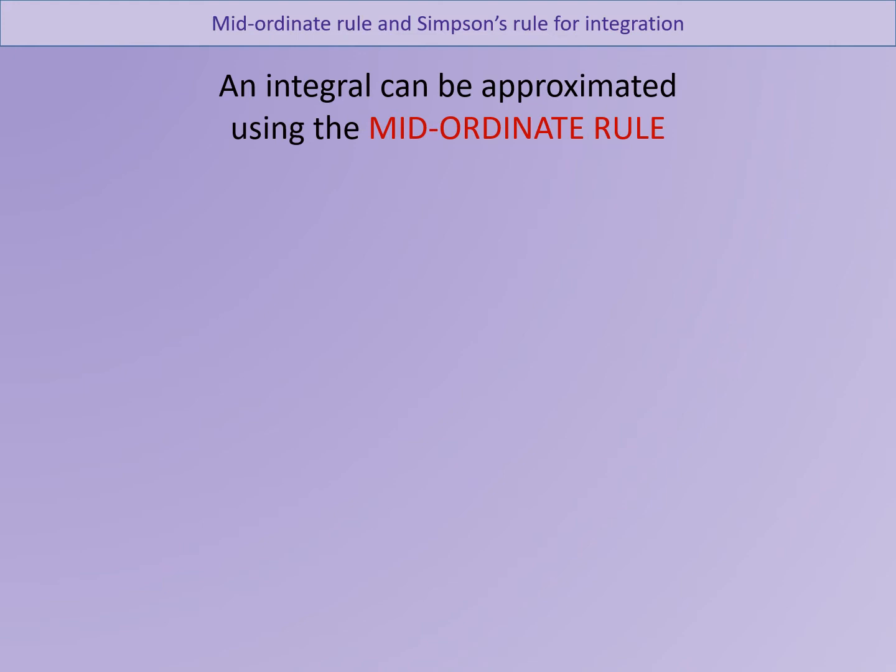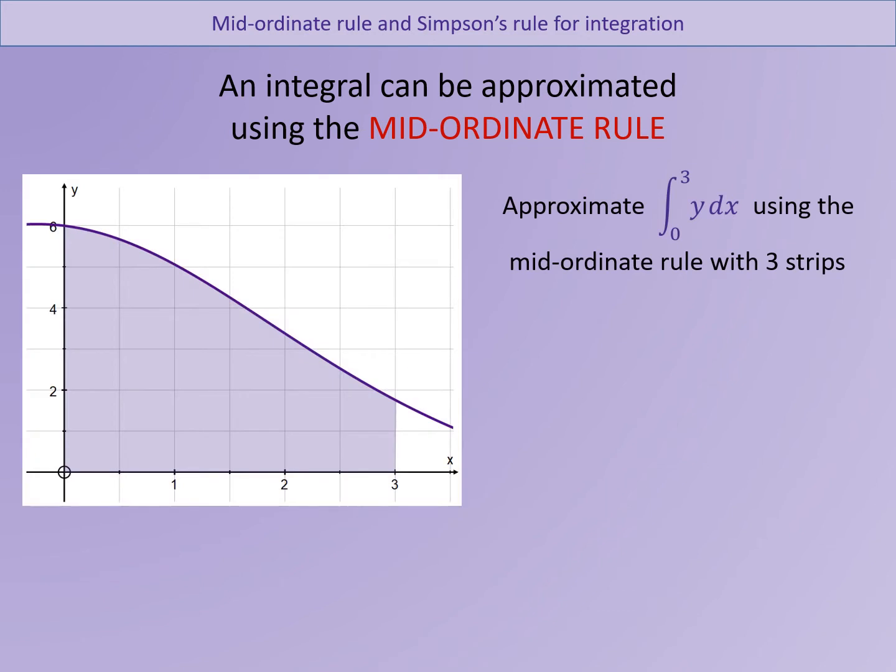Okay, the first one we're going to look at is what's called the mid-ordinate rule. Now if we look at a similar setup to how we've done numerical integration before, we want to approximate the area under this curve between the limits 0 and 3, and we're going to use 3 strips. A lot of this is very similar to the trapezium rule, and they do share a lot of similarities.